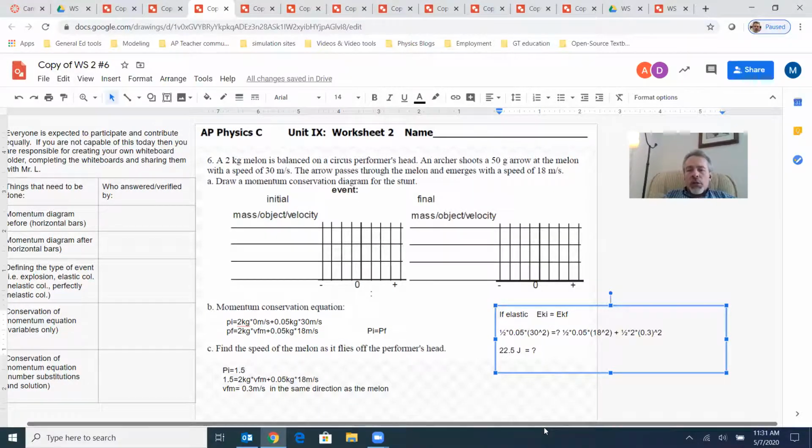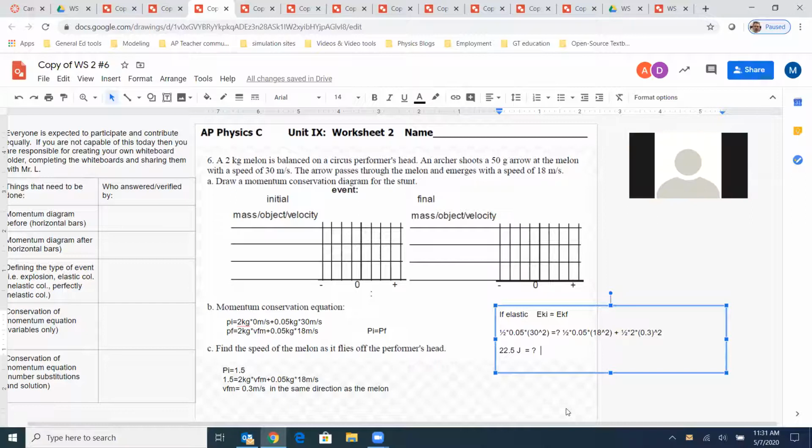So the final energy, can you do this calculation? It's 1/2 times 0.05 times 18 squared plus 1/2 times 2 times 0.3 squared. What do you get?